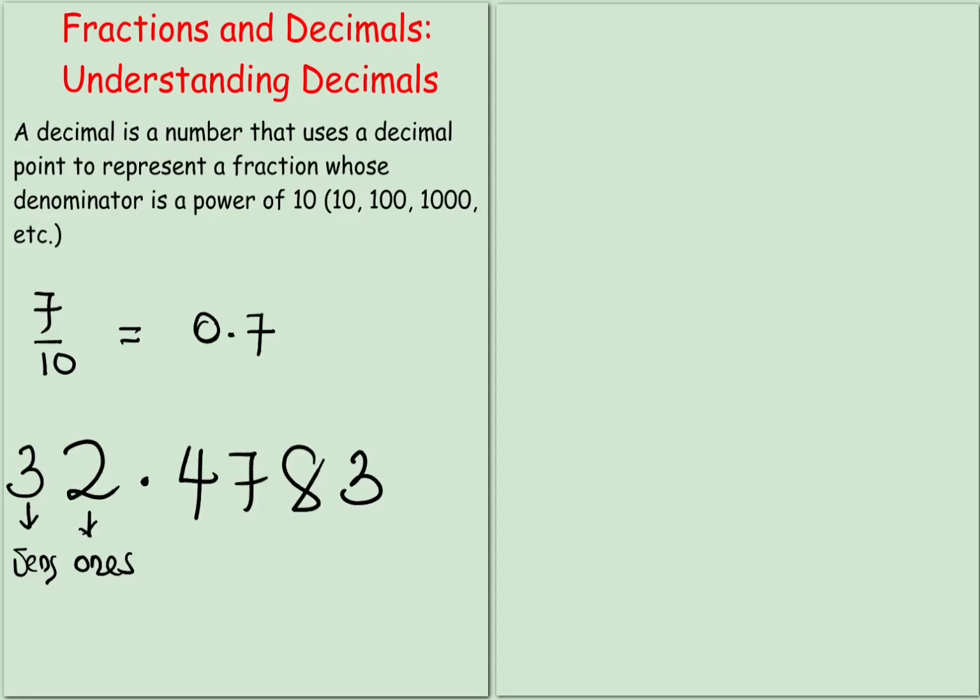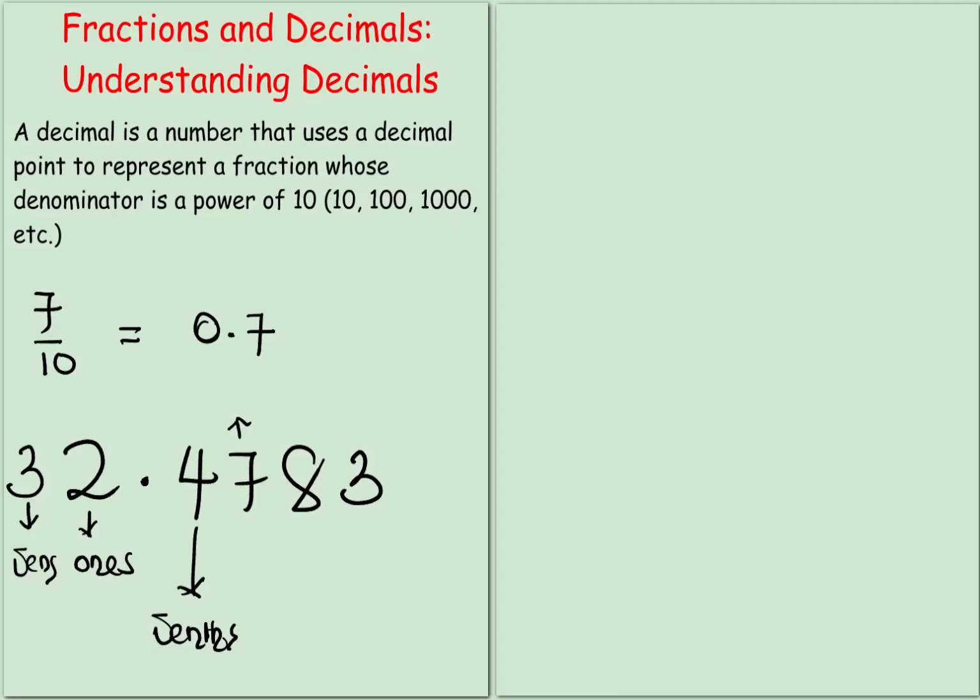Tenth is spelled T-E-N-T-H. That is 10, and then you put the TH at the end. What that means is it is over 10. That is, if you have 10 portions, you are just picking 4 out of it. So we say 4/10.